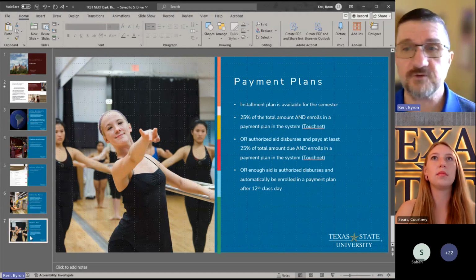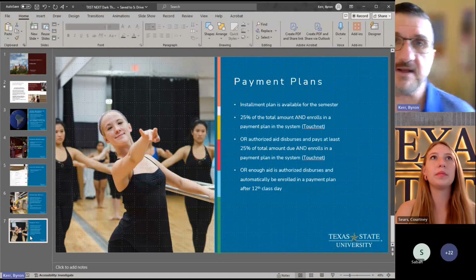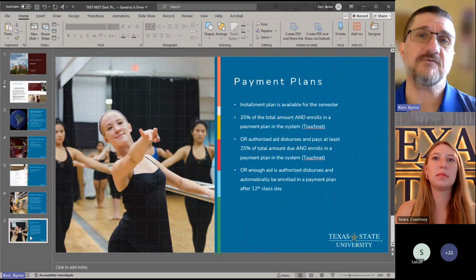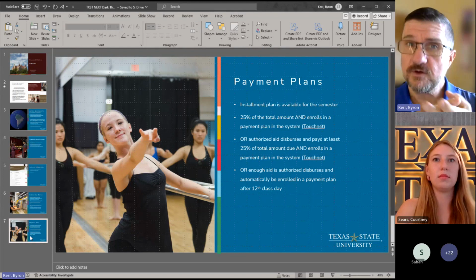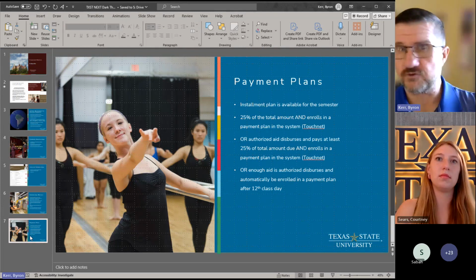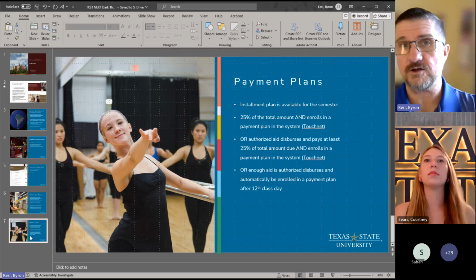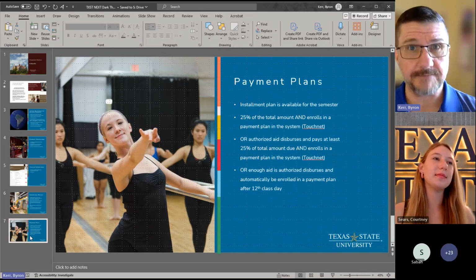It requires 25%, and you just need to enroll. So you do 25% down and enroll into a payment plan. Or if you have enough financial aid, meaning your scholarships and your waivers are established and ready to go, those can also be used to establish that payment plan.